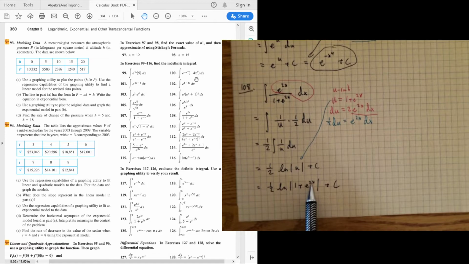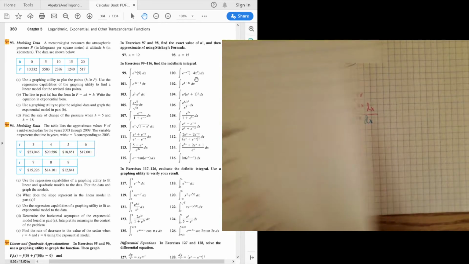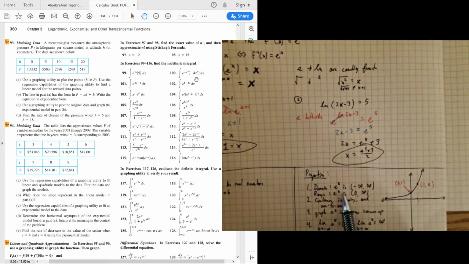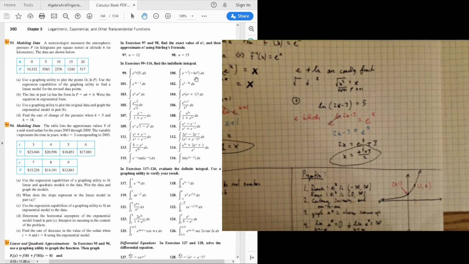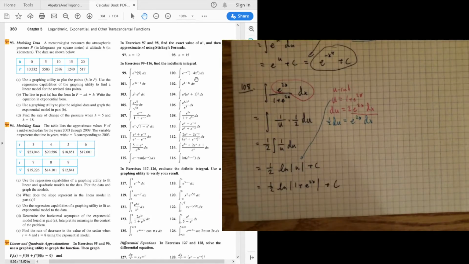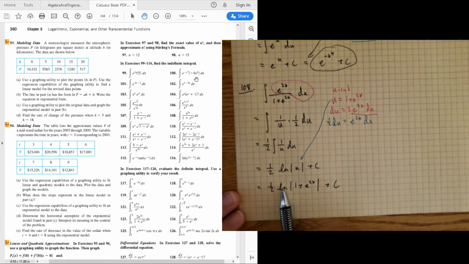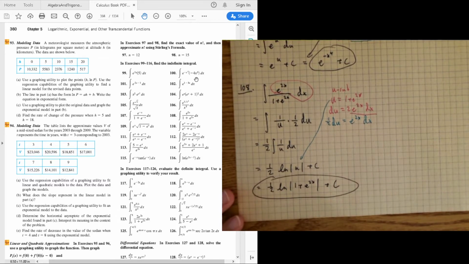E to the 2x, according to our properties, is also always positive, because e to the x is also positive. So e to the 2x would be positive as well. And so a positive number plus a positive number will always be positive. These absolute value signs aren't doing anything. One more thing, ln and e normally cancel, but because of this plus sign, I cannot cancel them. Meaning this is as acceptable an answer as we can get.